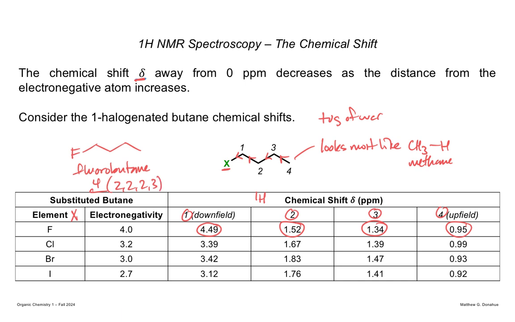And if we just look at the ratio in order, 2, 2, 2, and 3. The hydrogens on carbon 1 occur at 4.49. These hydrogens, 1.52. Hydrogens on carbon 3, 1.34, and then the last methyl group, 0.95.